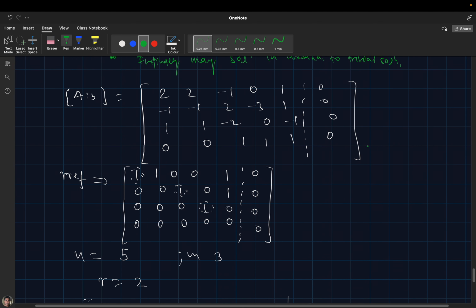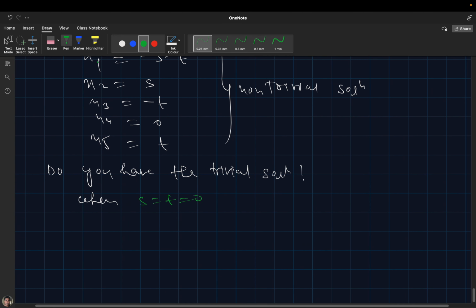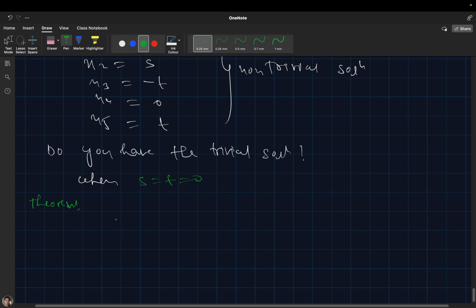Okay, the next theorem. After this you can write: a homogeneous system of linear equations with more unknowns than equations has what kind of solution?